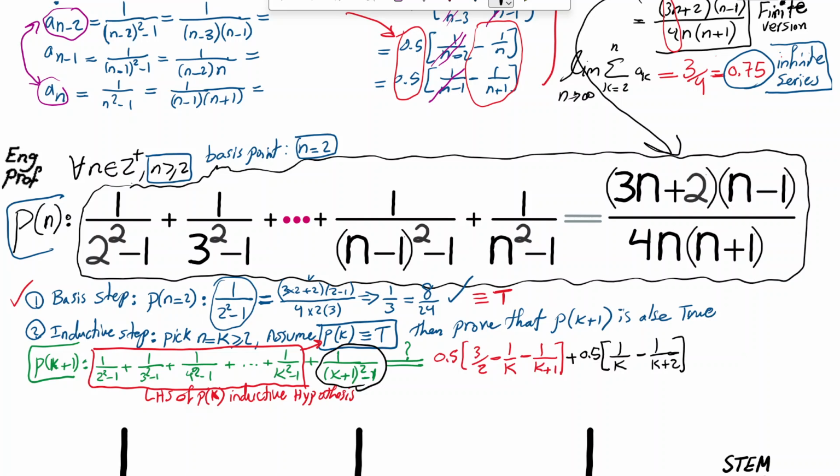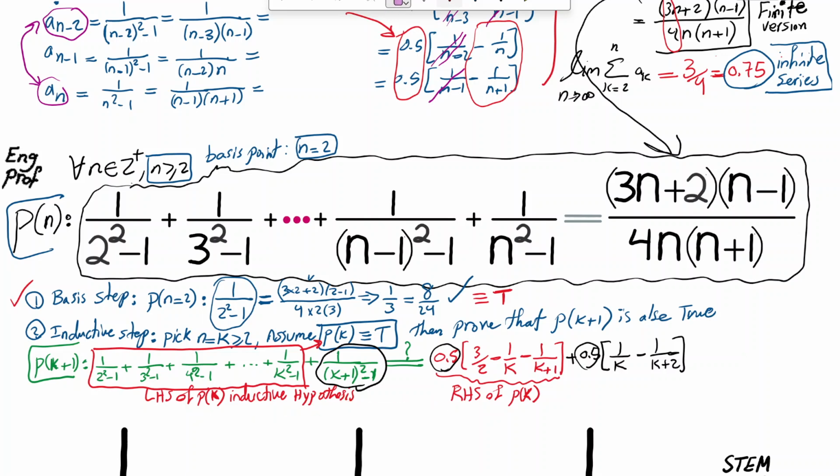Alright, so we can see that there is 0.5 for both of them. Just as a recall, this one is the right-hand side of P of k, which I substituted for the left-hand side.